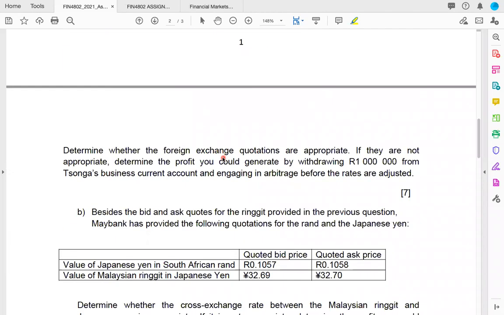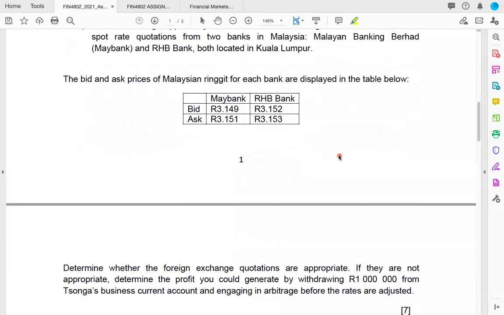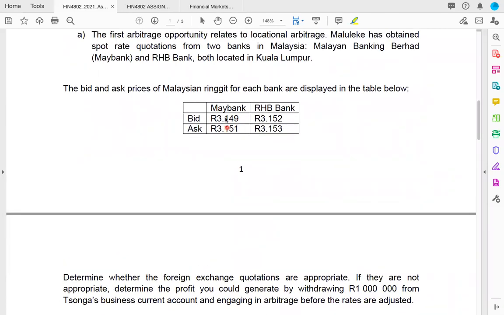Okay. The question says, determine whether the foreign exchange quotations are appropriate. We've already seen they are not appropriate, because Maybank can sell you 1 ringgit for 3.151 rand. You give them 3.151, they give you 1 ringgit.